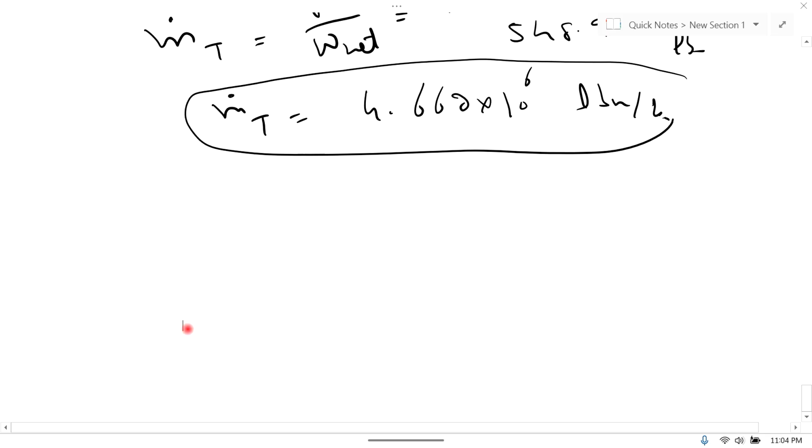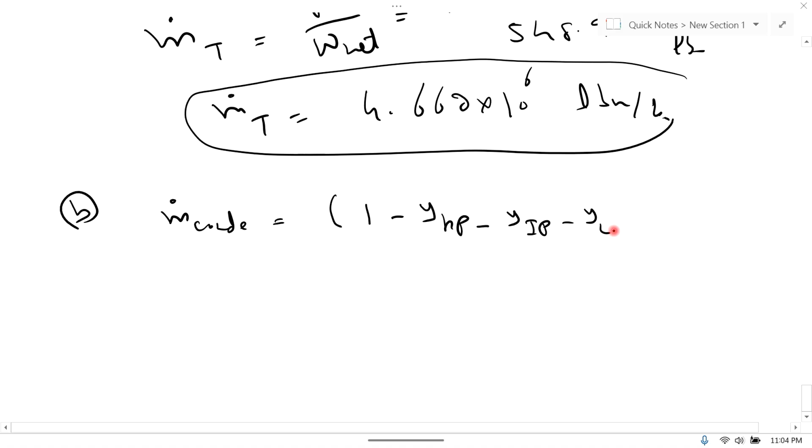So the mass flow rate of the condenser is equal to 1 minus y HP minus y intermediate pressure minus y low pressure, into m dot T. This is the fraction of mass used in the high pressure section of the turbine, this is the fraction used in intermediate pressure, and this is the fraction used in the low pressure section of the turbine.